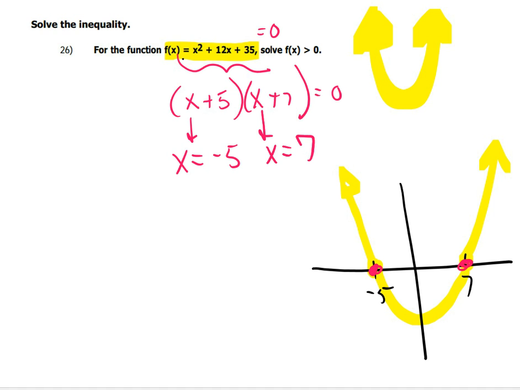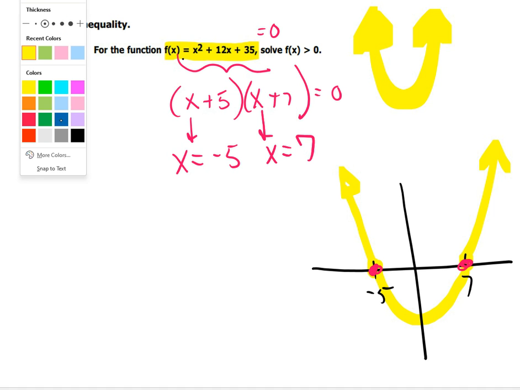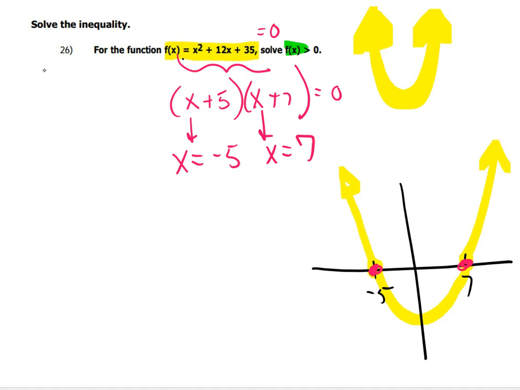Now, they wanted when f of x is greater than 0. So when is this function greater than 0? Remember, when they say f of x is greater than 0, they're looking for the points with the y coordinates that are positive.